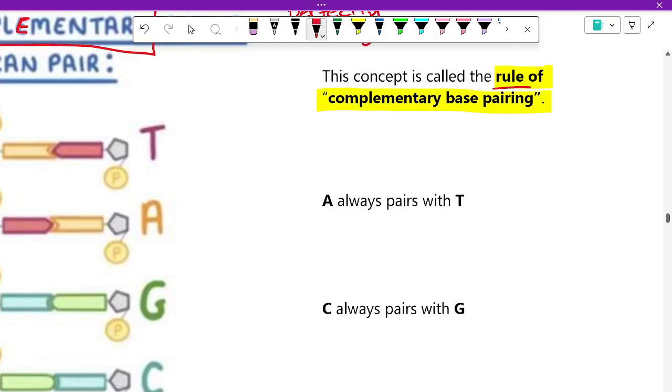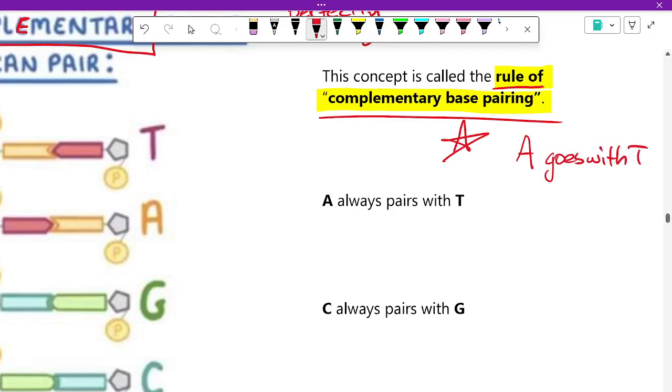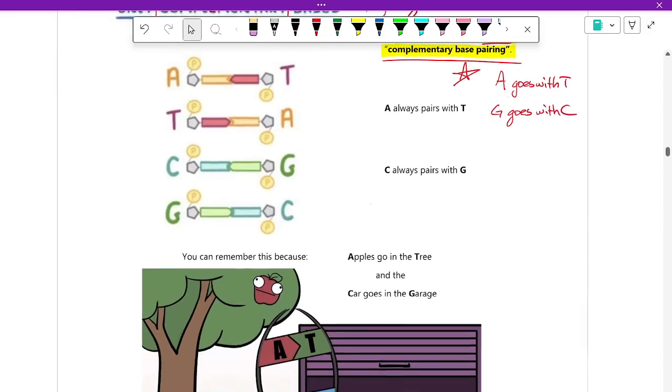This entire thing here is a vocab. A goes with T. G goes with C.